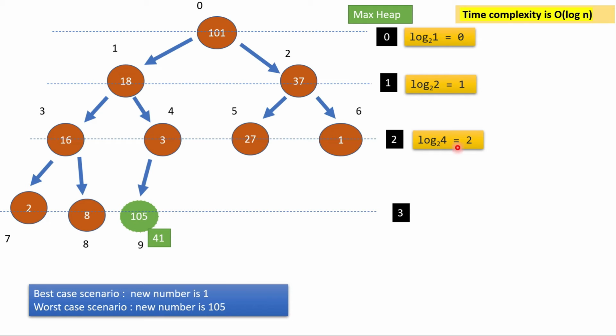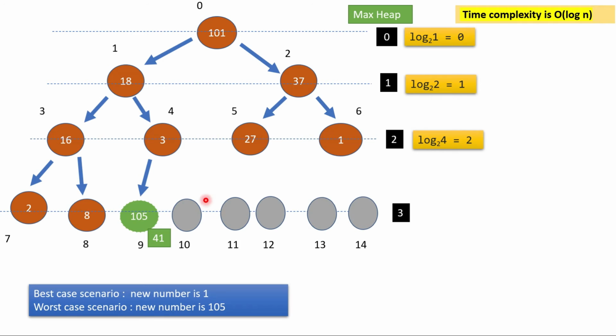So log of 4 is 2, the second level. And here 3 nodes are present, but another 5 nodes can come. If we complete it, a total of 8 nodes can be placed in this level at maximum. So log base 2 of 8 is 3. That's why it's the third level.